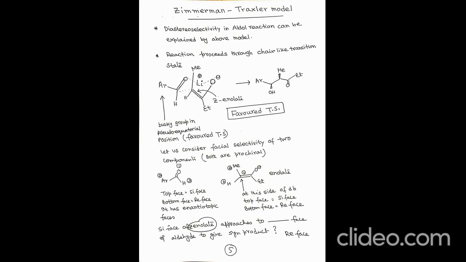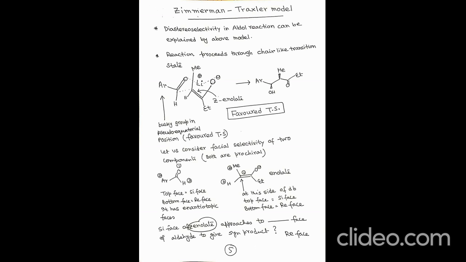Now coming to the carbonyl side, the aryl group is on the plane and the hydrogen is below the plane, so definitely the OH will come above the plane, because the main carbon chain we are writing on the plane in a zigzag way. So the OH will be above the plane and the next carbon, the methyl, also will be above the plane, which is very clear by investigating the favorable transition state. So hence from the Z enolate we will be getting the syn as a major product.